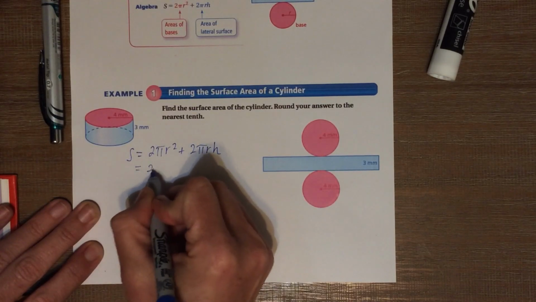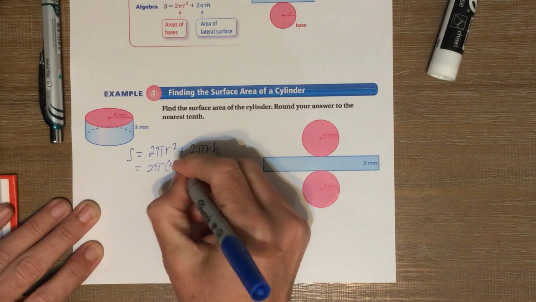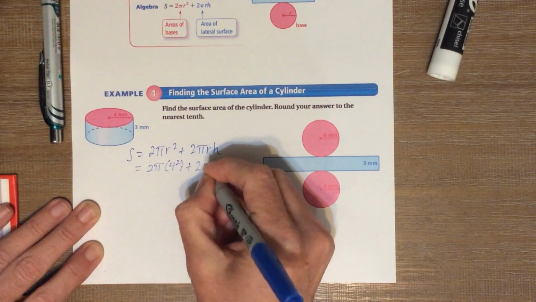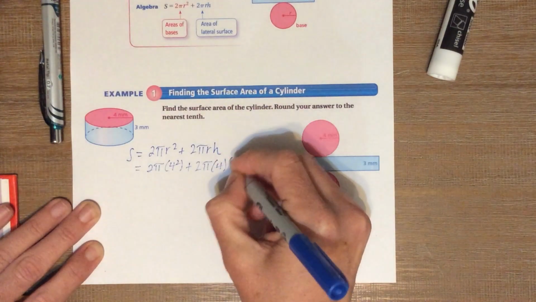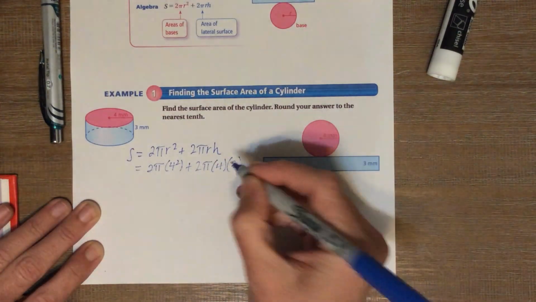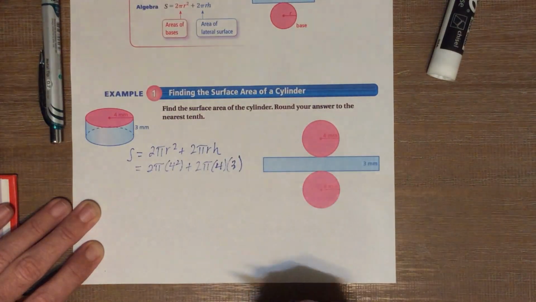So this is going to be 2 pi, the radius is 4, so 4 squared, plus 2 pi, again the radius is 4 and the height is 3. I'm sorry if this marker is not working so well. I will change it up.